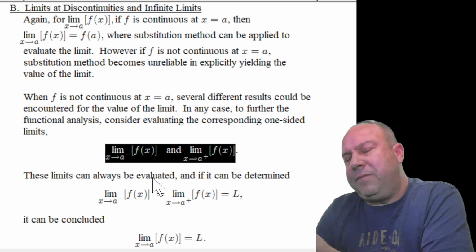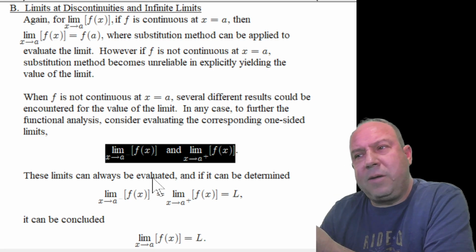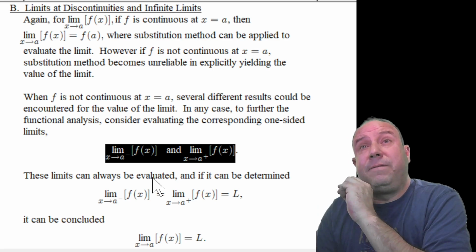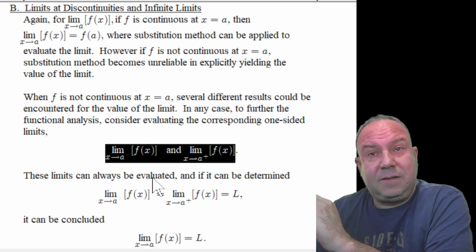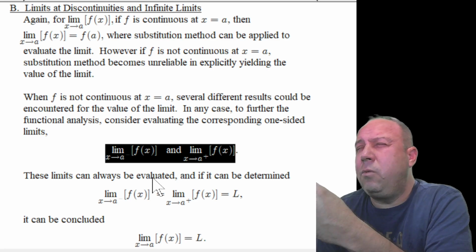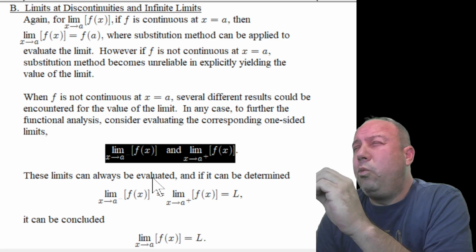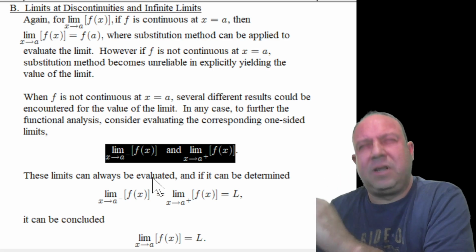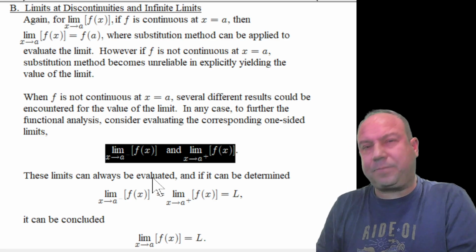They sometimes evaluate to a real number along a number line. Sometimes they might evaluate, as we're going to see, to the case for an infinite limit. Infinite limits, however, we have to sometimes keep in mind that they don't necessarily exist like a real number does.